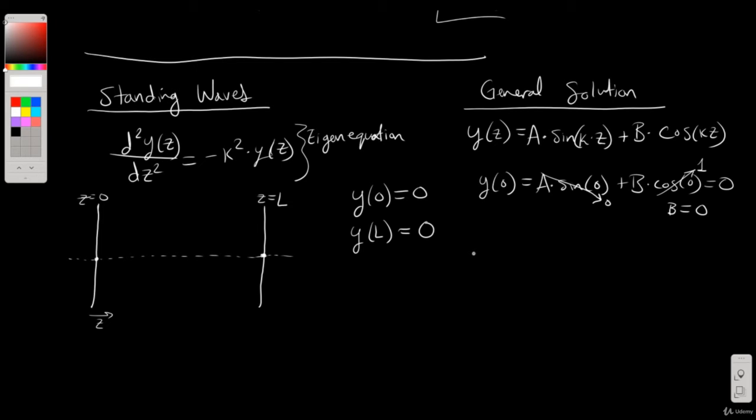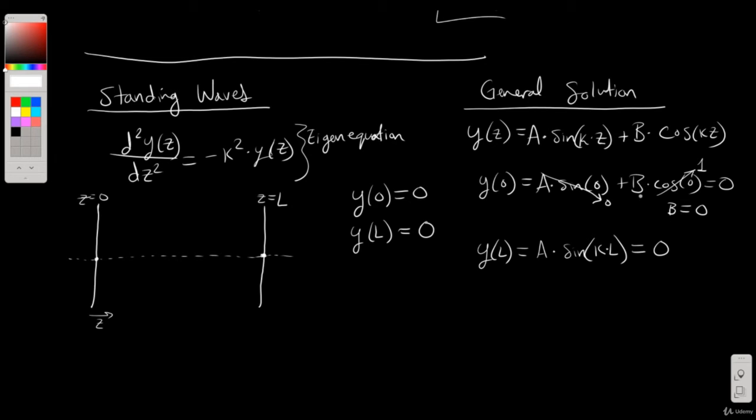Likewise, if we apply the other boundary condition, y of L, we have y of L is equal to a times the sine of k times L, and we know that this needs to be equal to 0. The b term I got rid of because I know b is 0 now.